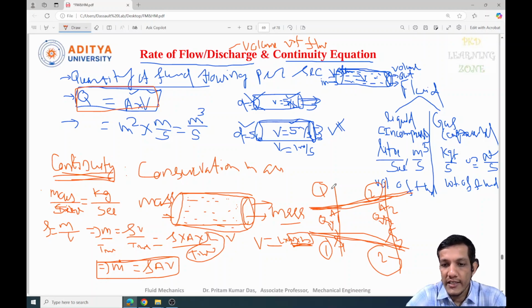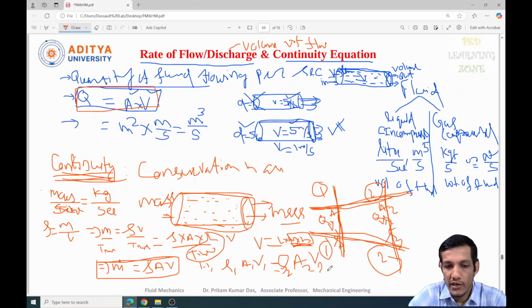Now if you consider two different cross-sectional areas, then for cross section 1 we can write the mass flow rate equal to rho 1 A1 V1. This is the rate of flow at section 1, and similarly the rate of flow at section 2 is rho 2 A2 V2.